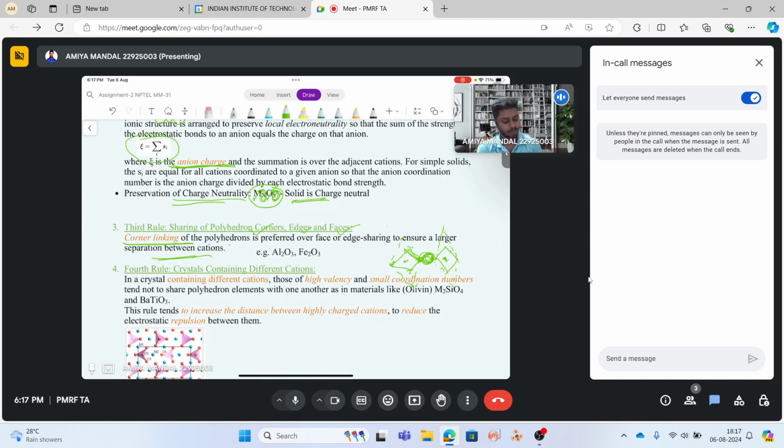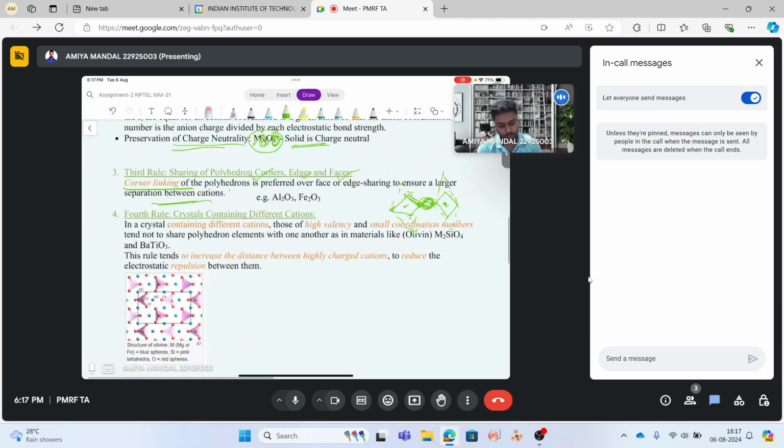And we need the maximum distance because of reduced repulsion between the anions and cations. So this is the third rule.